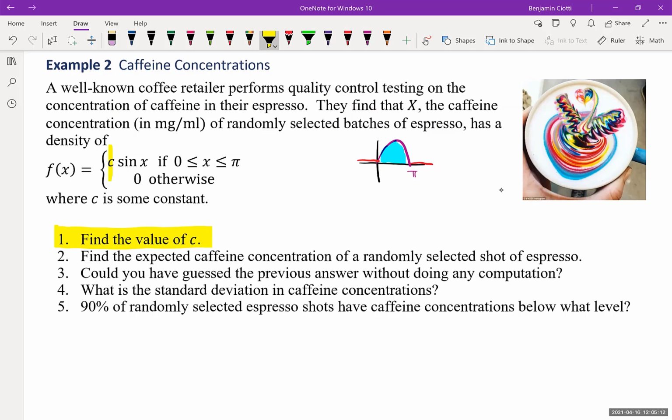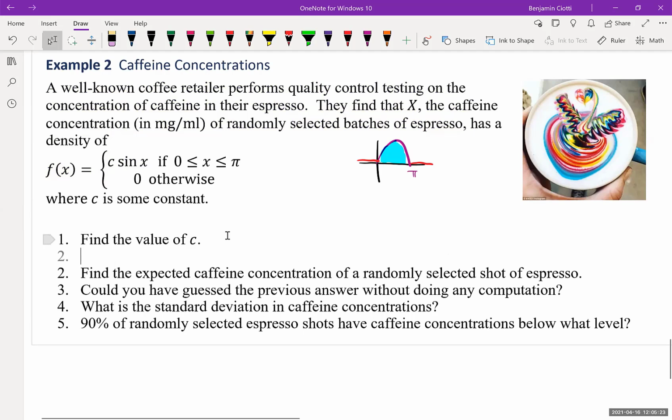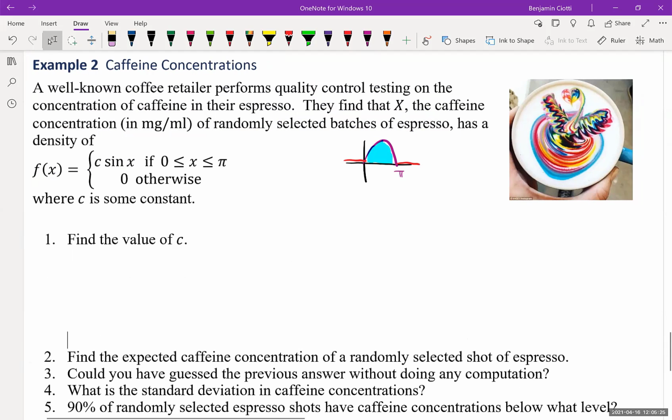Can someone tell me what fixes the value of little c? Something has to be 1. Okay, I see Justin said it.